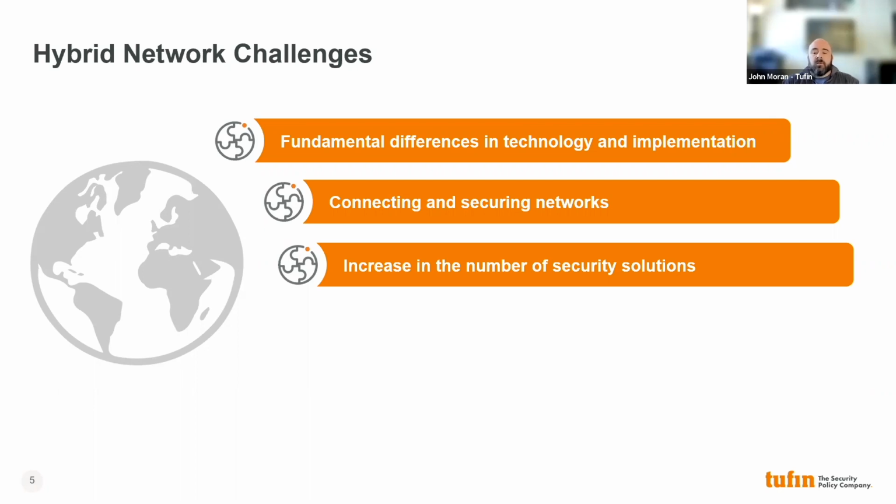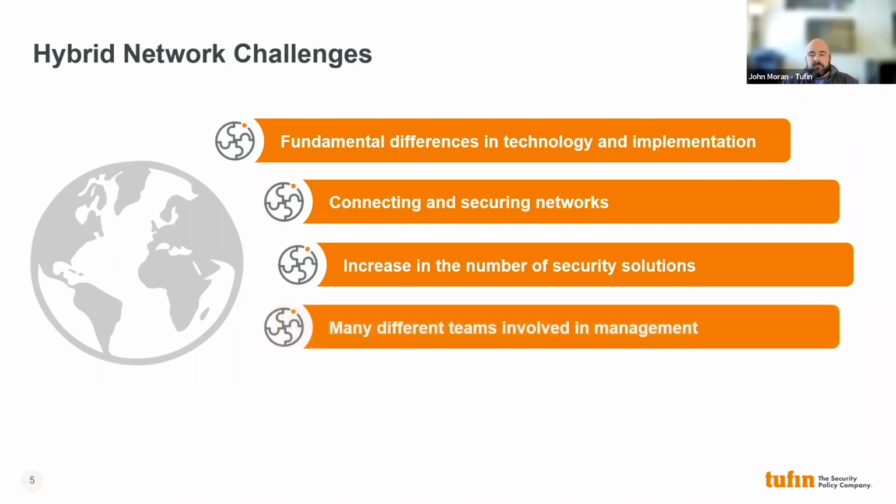Sure, your cloud network may be compliant based on scanning or the security solution you have in the cloud. Your on-premise network may be compliant, but what about that connectivity in between, right? How do you accurately assess that and determine that, am I assessing the proper regulations, and can I even have visibility into that?